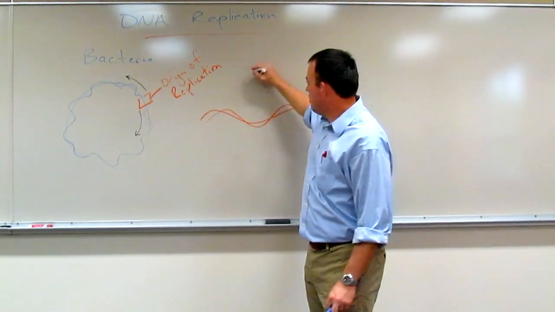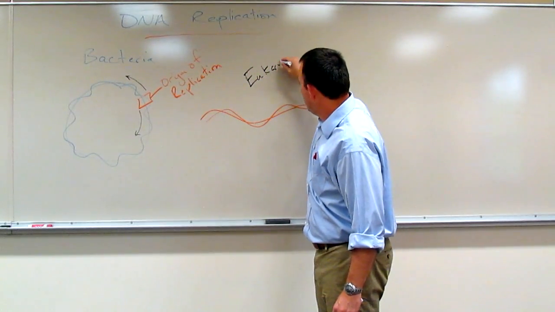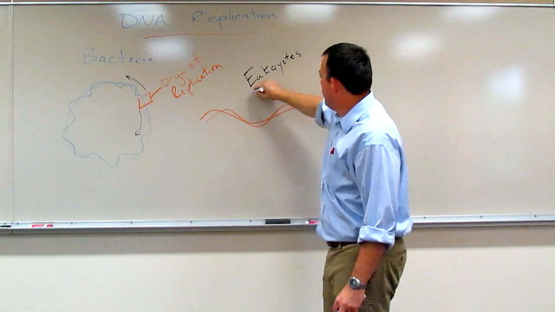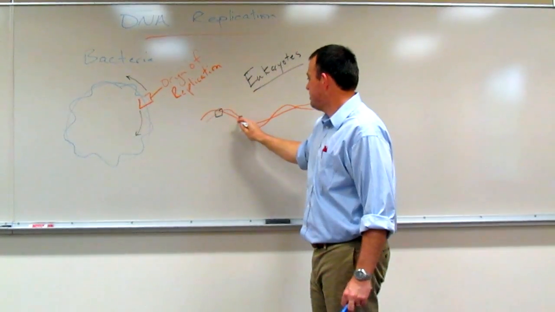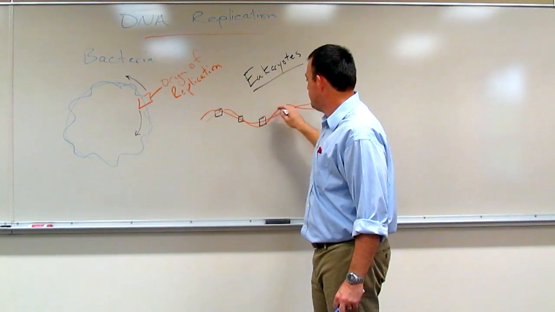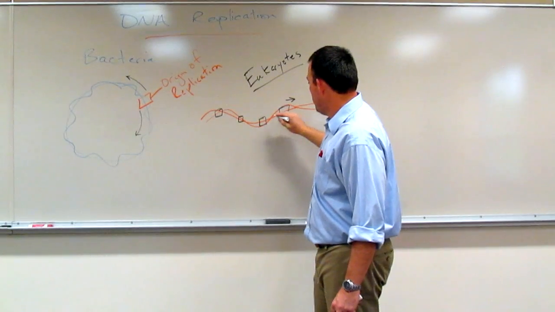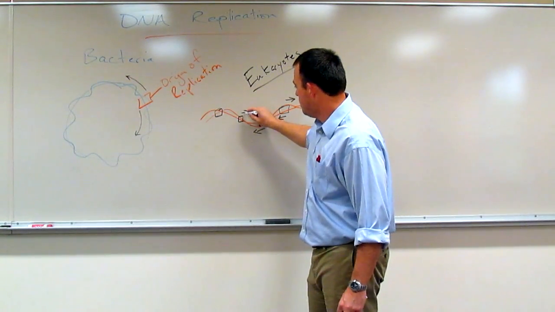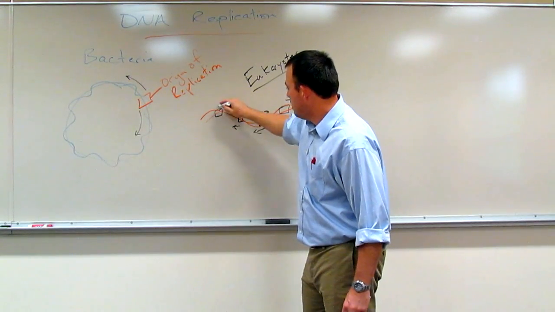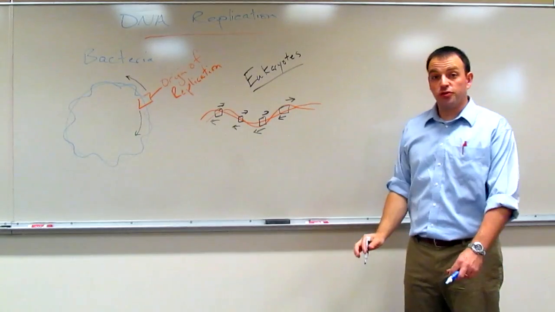In eukaryotes, that's not true, and you need many origins of replication throughout a linear chromosome so that we can replicate DNA in both directions from all origins in order to replicate our entire chromosome. There's two reasons for this.